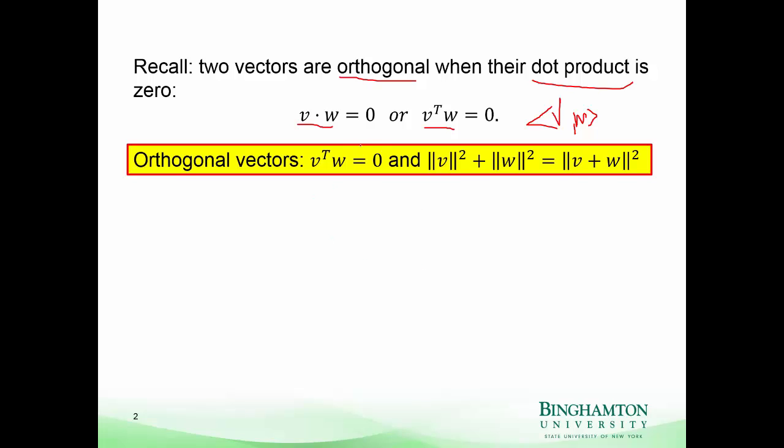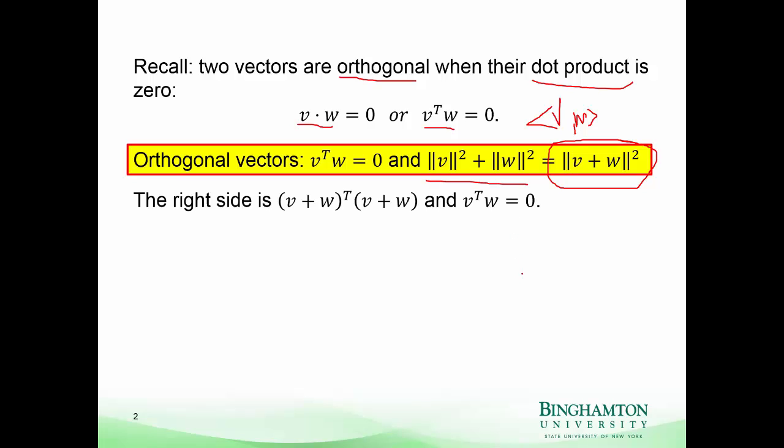If we look at two vectors that are orthogonal, one property that we get from that is that the norm of the sum of them squared is equal to the sum of their norms squared. That comes from the two vectors being orthogonal, and we can see this if we notice that the left hand side can be written this way, and we just expand that out.